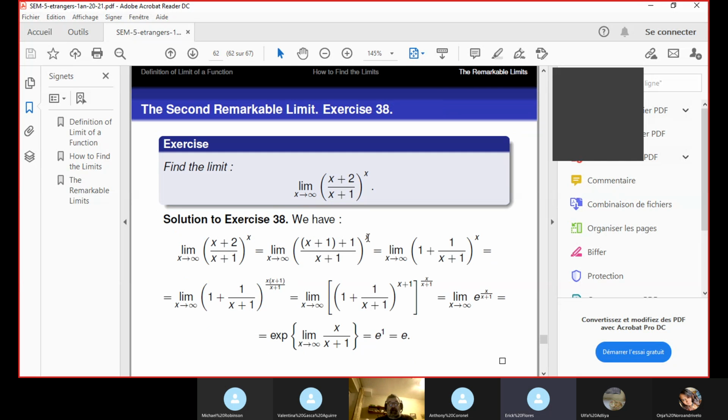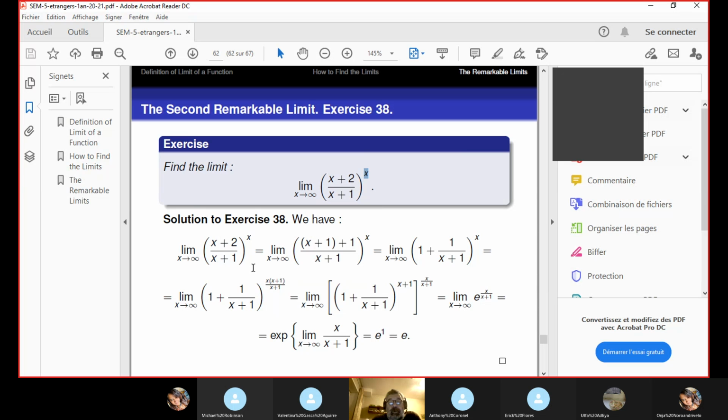Good. So now we take another exercise. It will be really something from the second remarkable limit. That is, we want to find the limit as x goes to infinity of x plus 2 over x plus 1 to the power x.